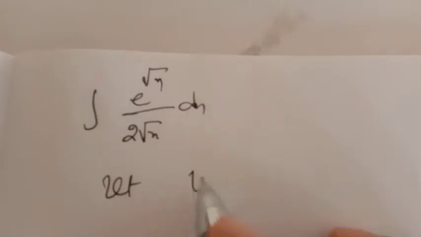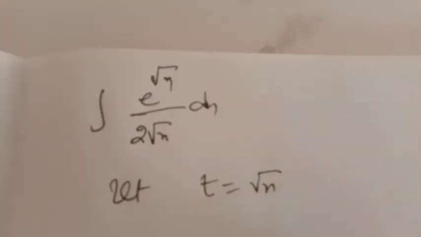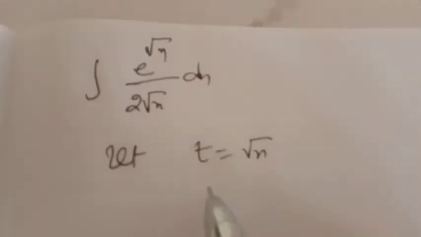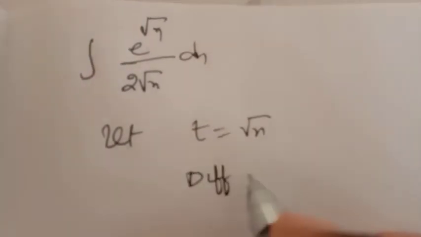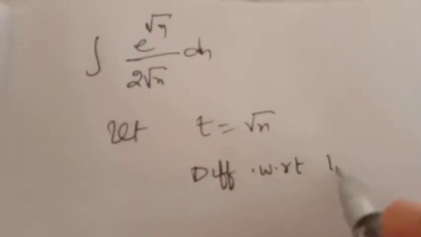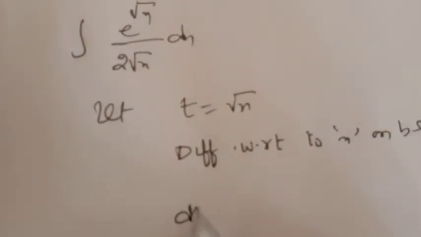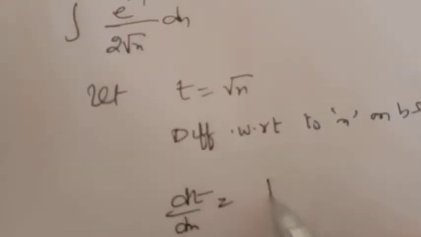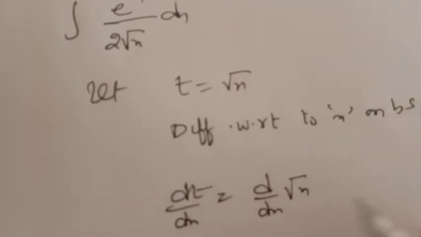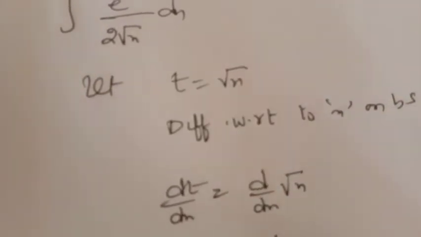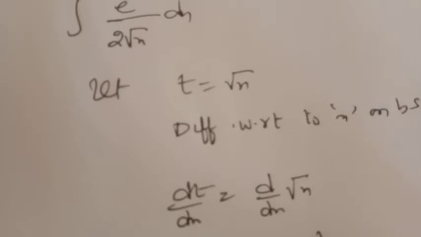Let t equal to root x, then differentiating with respect to x on both sides, we have dt by dx equal to d by dx of root x. Here d by dx of root x equals 1 by 2 root x into dx.